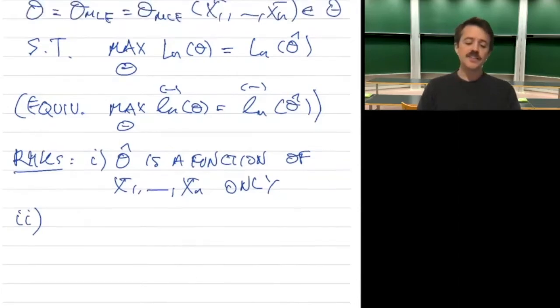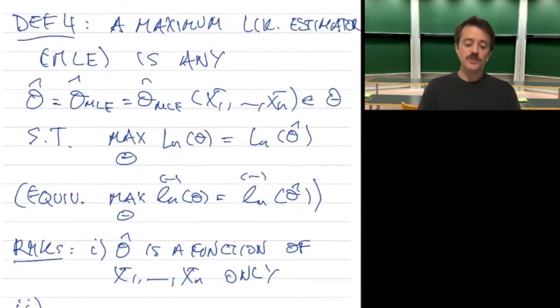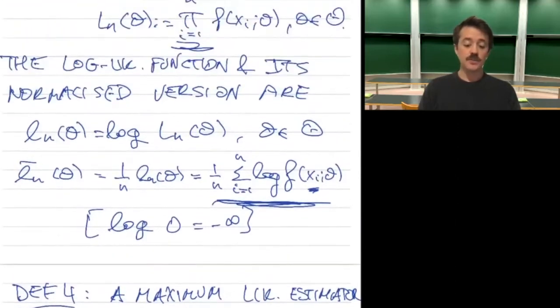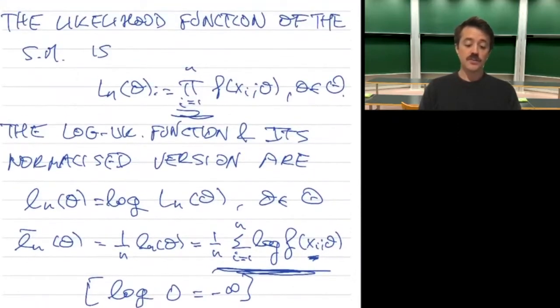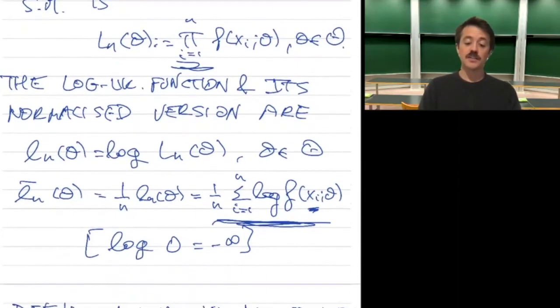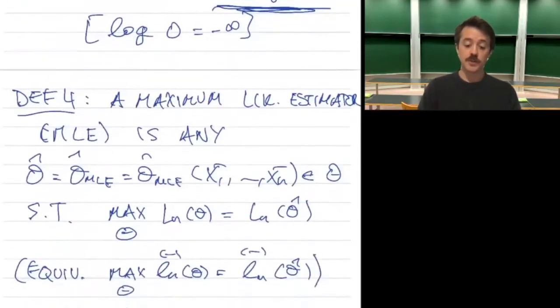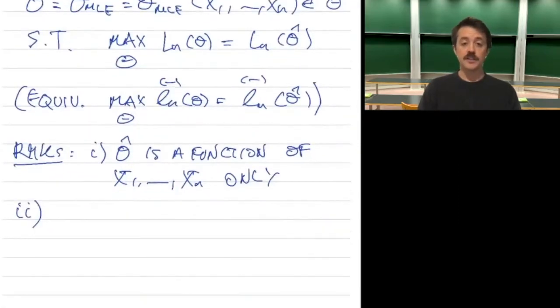A second remark is that to define the MLE, and even the normalized version of the log likelihood, and therefore the log likelihood and the likelihood, we haven't really used the fact that we have a product and identically distributed random variables. We could just define things without any of that.